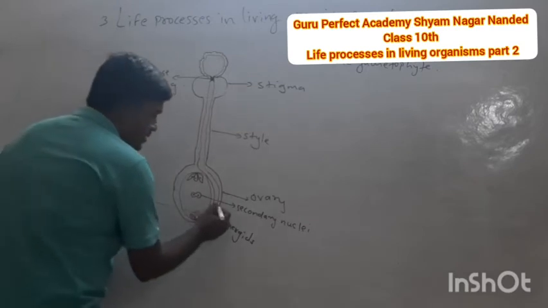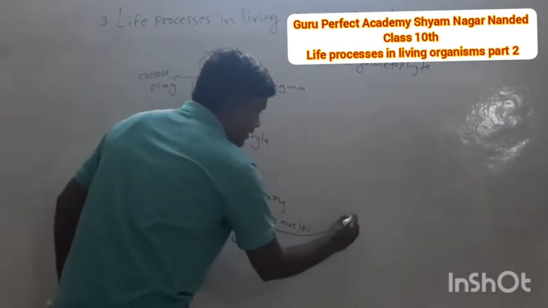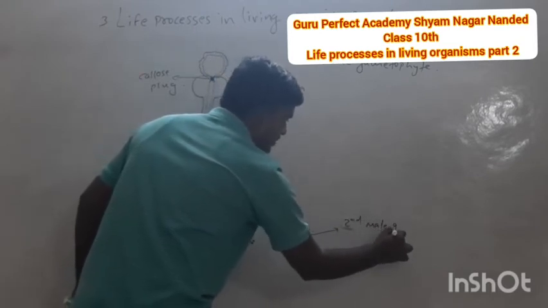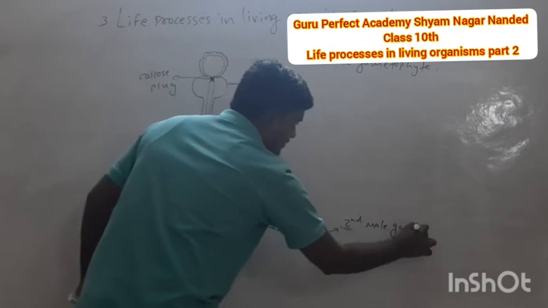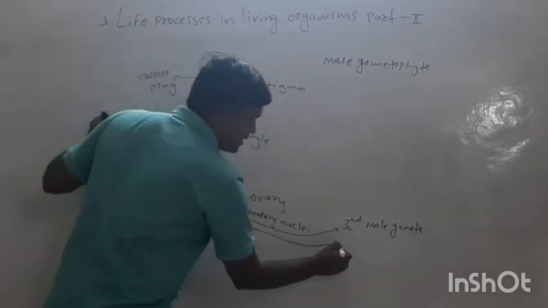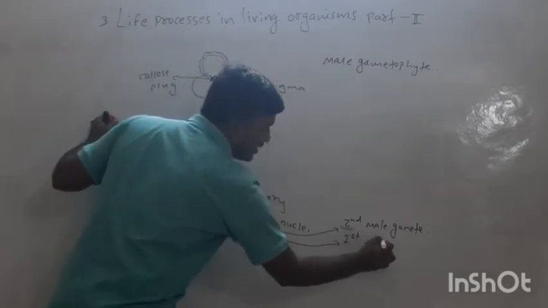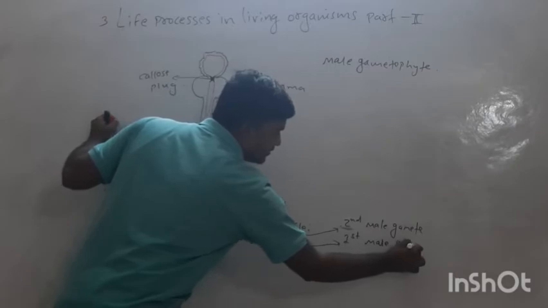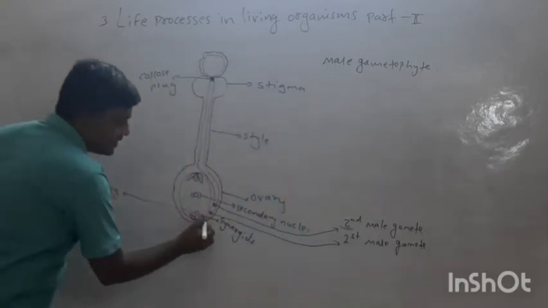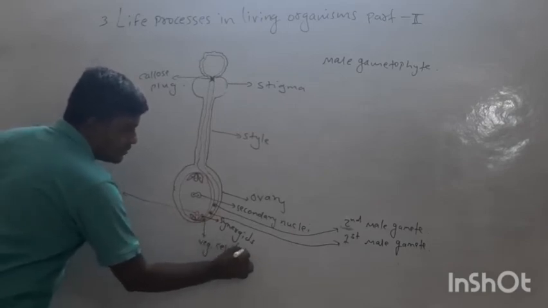So this is the second male gamete, and suppose this one is the first male gamete. We have these two gametes, and this is a vegetative cell. We know it as the vegetative cell or tube cell.